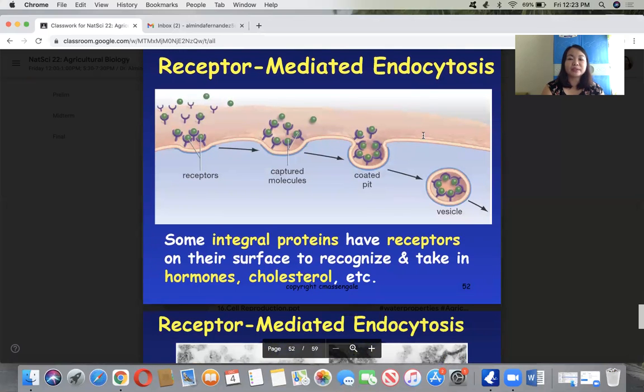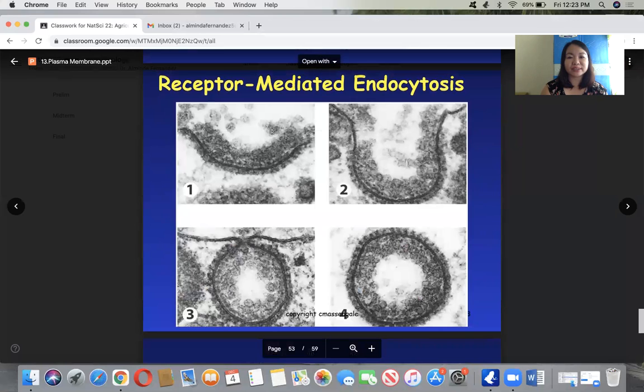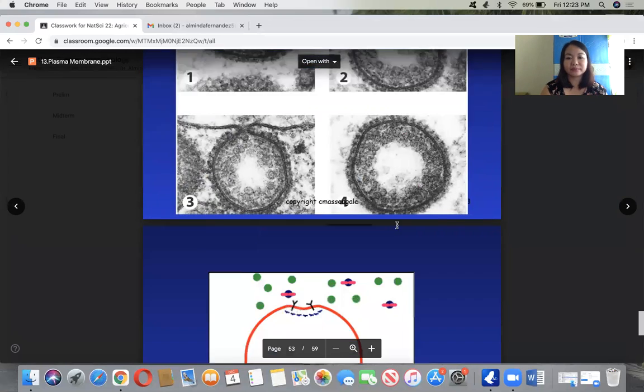We also have another type, receptor-mediated endocytosis. Some integral proteins have receptors on their surface to recognize and take in hormones, cholesterol and others, which are then transported inside the vesicle. This is how receptor-mediated endocytosis is shown in the figure.